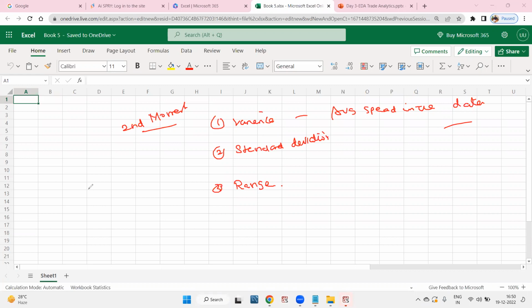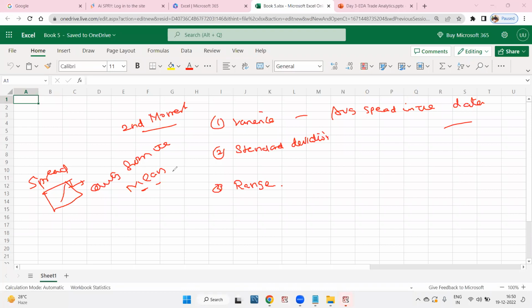Average spread in the sense, when you talk about average spread, how the values are away from the mean.